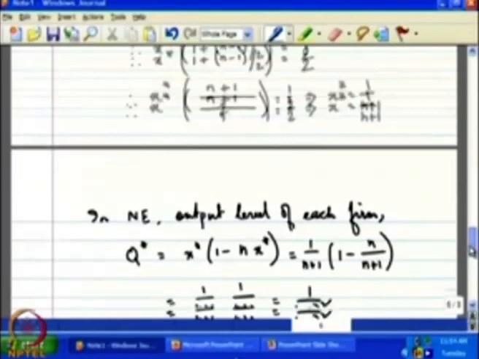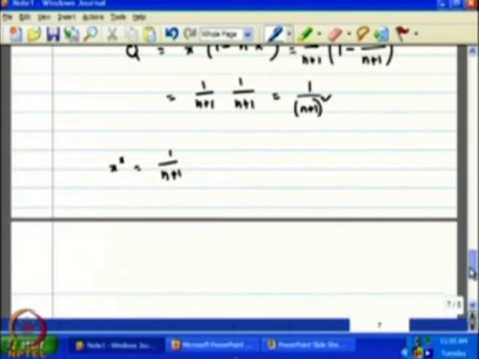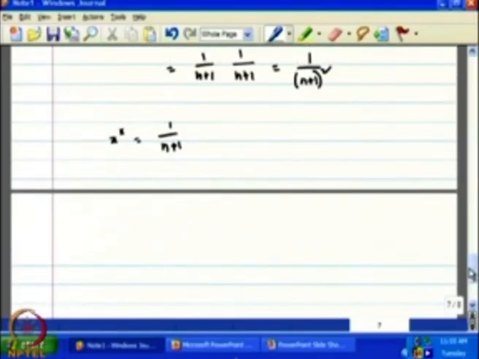We can take the following. Here we have x star, the resource used by each firm, given by 1 divided by n plus 1.